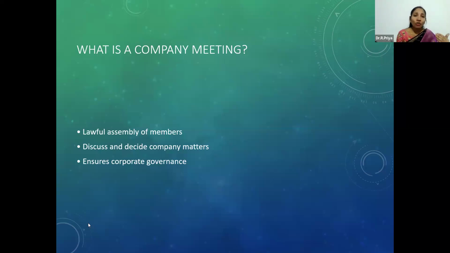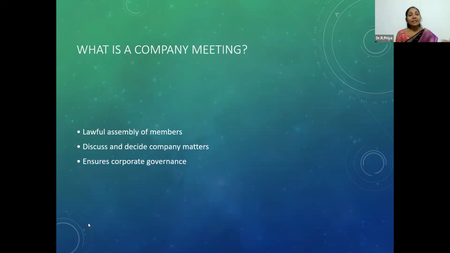If any of these elements are missing, the decisions taken at such a gathering may be invalid, right? So it is challengeable. Therefore, the company meeting is not for informal decisions, but is a legally recognized forum.